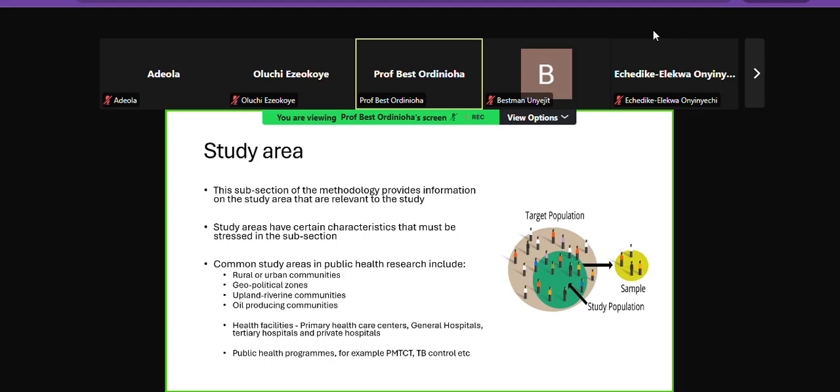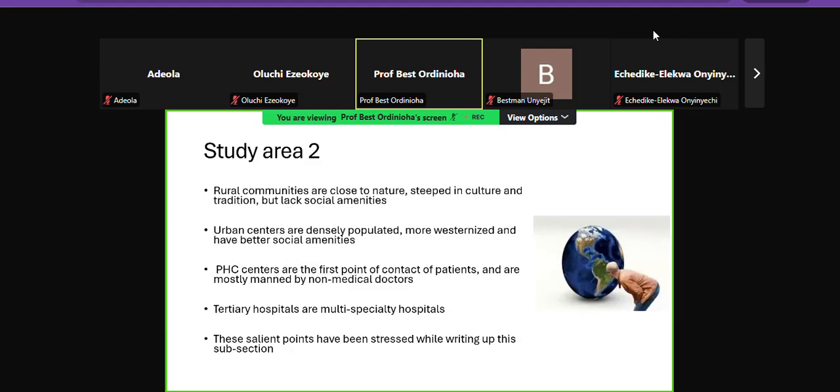A lot of people go and give geographical information. A lot of people will give the story, the history of the area. No. What is most important to us in public health is to describe, if you say it's a rural area, what makes it a rural area, and so forth.